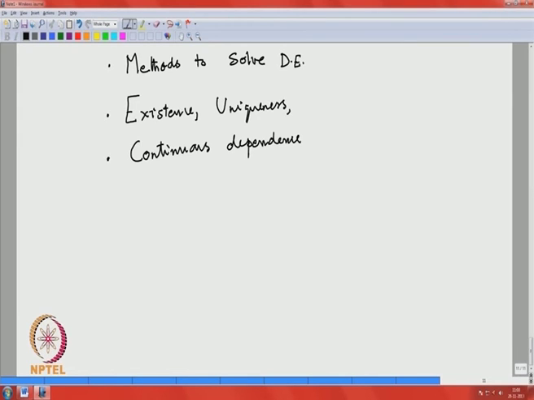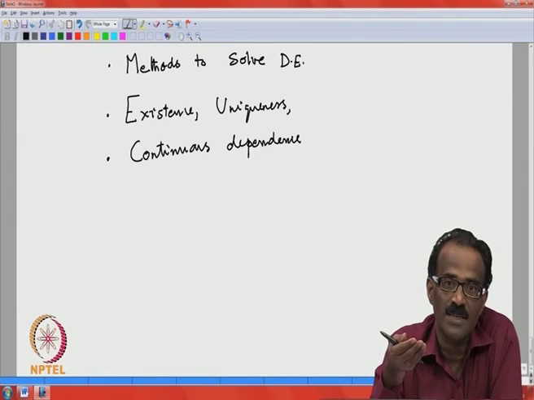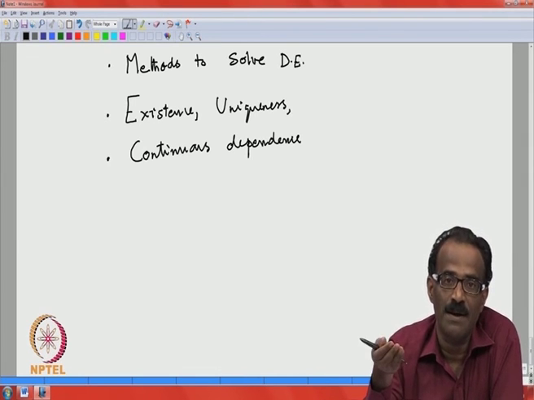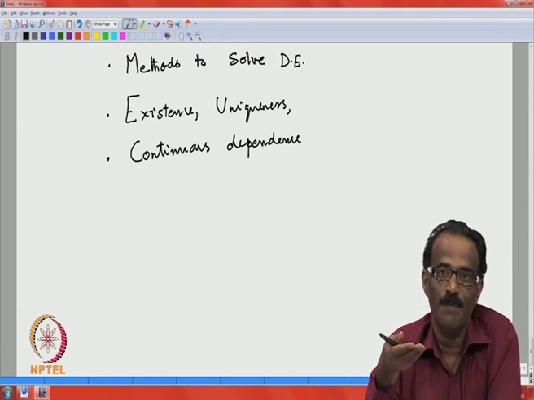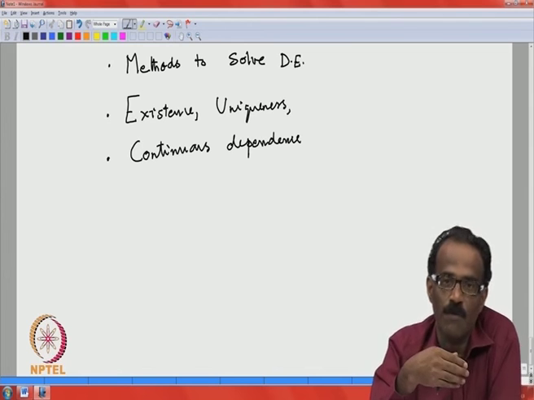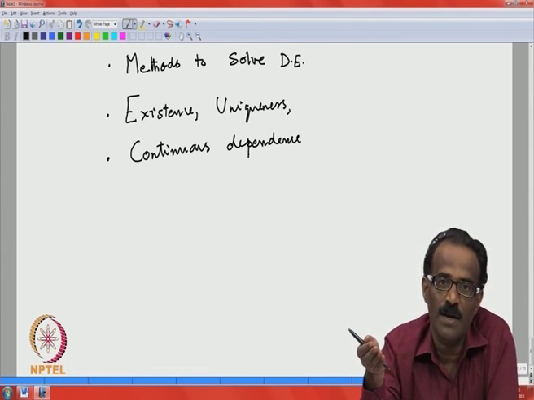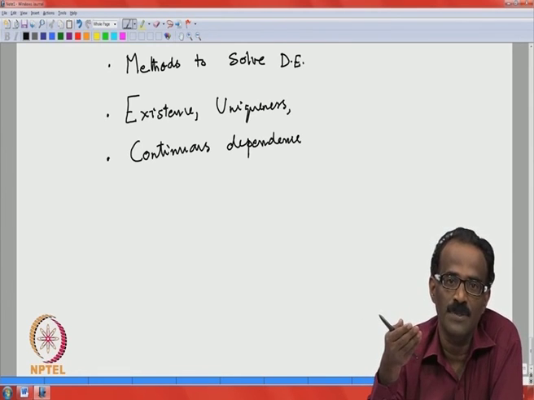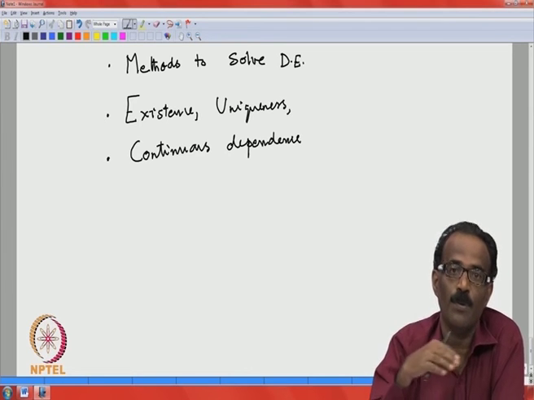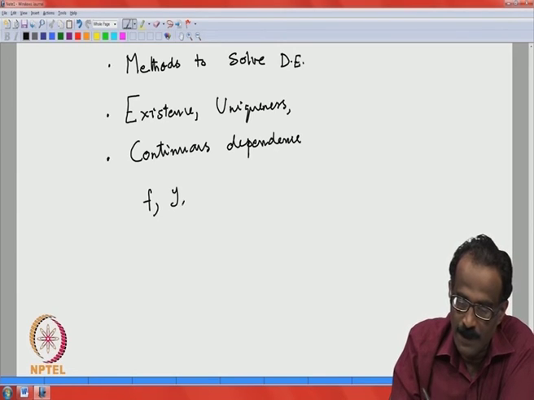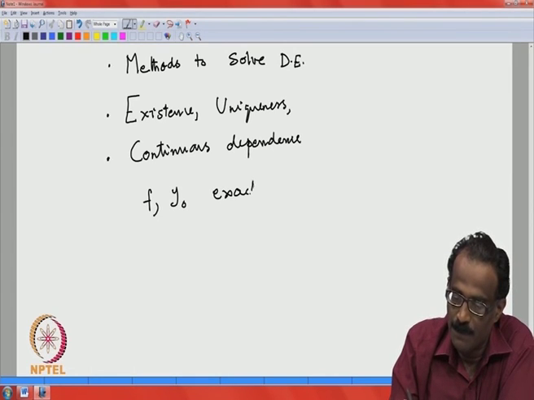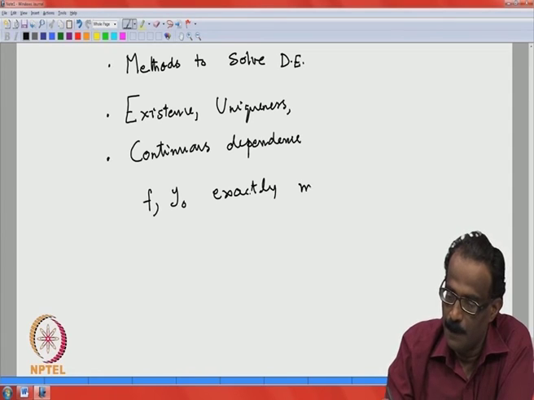For example, the dynamics f or the initial condition y naught may not be available to you; it may be coming through some data. In fact, even the explicit form of f may not be available. What may be available is a finite set of data for f. Using the finite set of data and approximation schemes, you may be able to approximate f. So, you may not have f and y naught exactly.